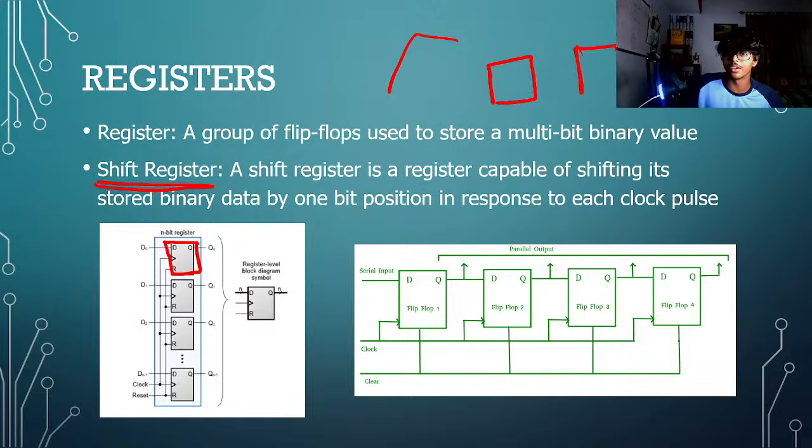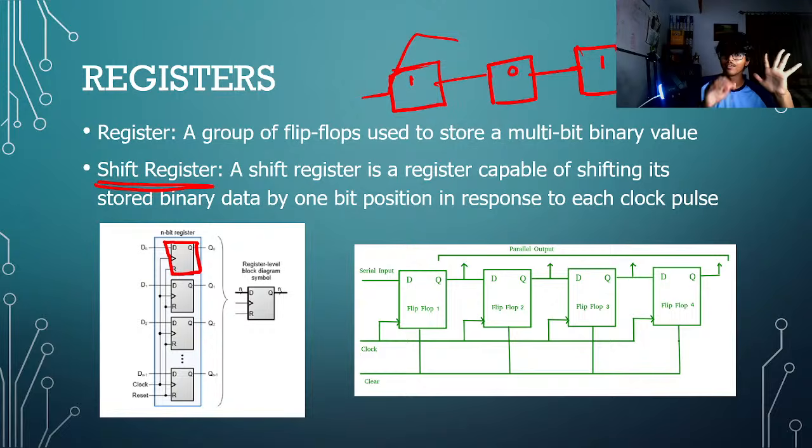Let's say these are your flip flops, and I'm connecting them like this. At t equal to 0, or at some point, my data is 1011. So I have four flip flops connected like this, and they have 1, 0, 1 and 1 stored.